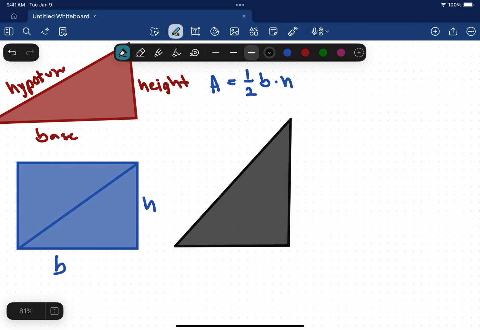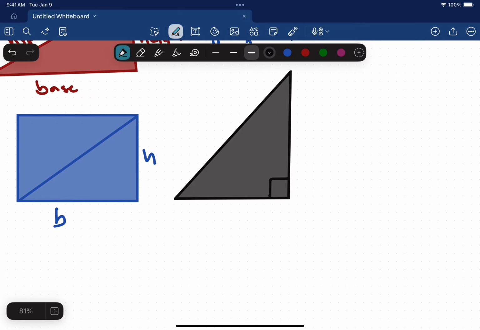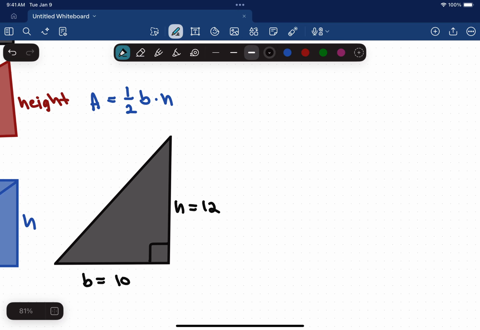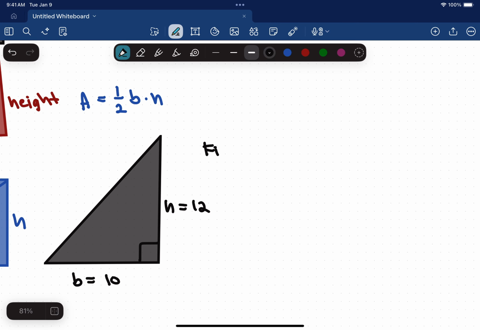Good enough. Say this is 90 degrees, and you are given a base that is equal to 10, a height that is equal to, let's just say, 12. Now, you're asked to find the area of the triangle.